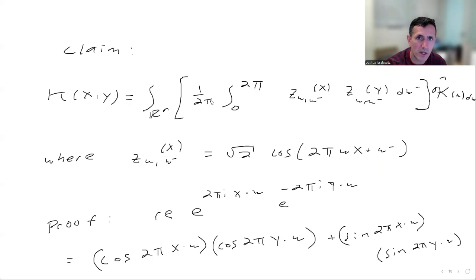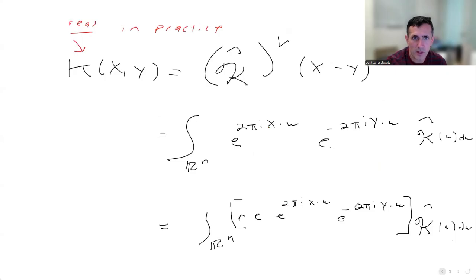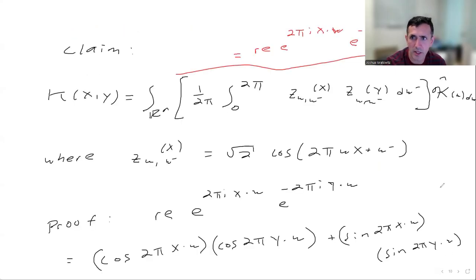What I just outlined is that this whole thing here is going to be equal to the real part of e to the 2 pi i x w, e to the minus 2 pi i y w. Right, and so that's equal to k of x, y. Just take this, plug it in, integrate against the Fourier transform.